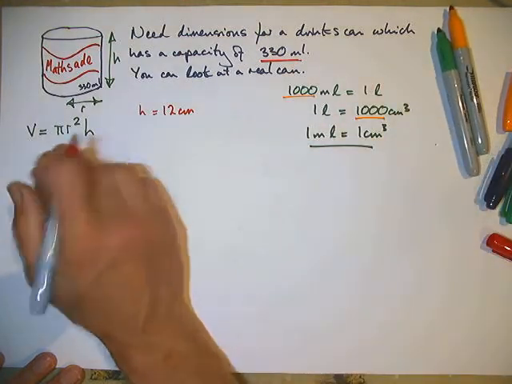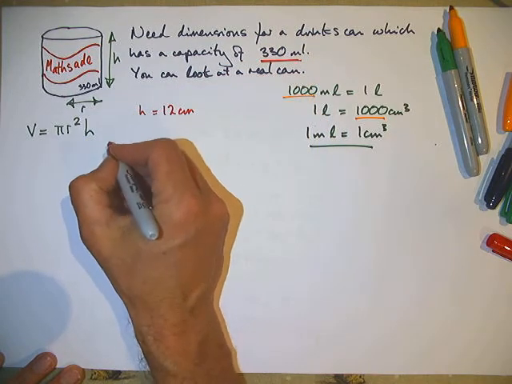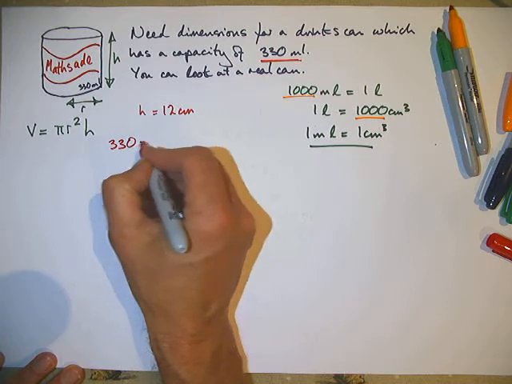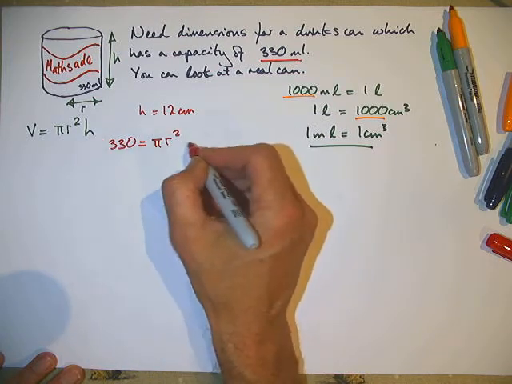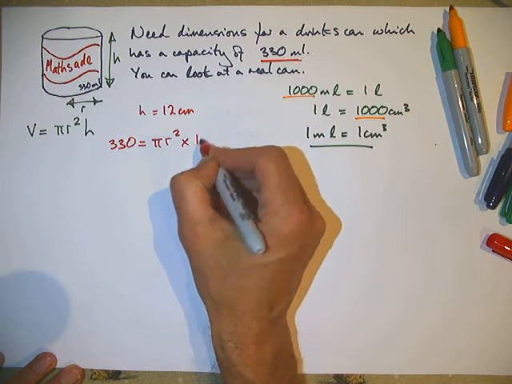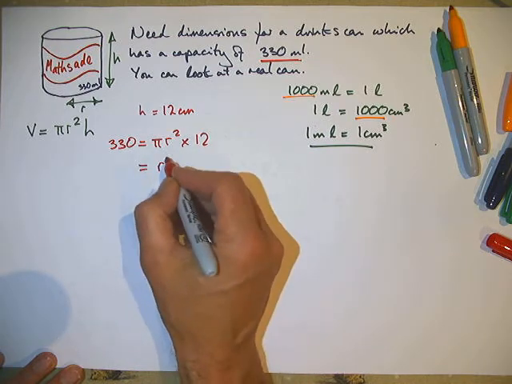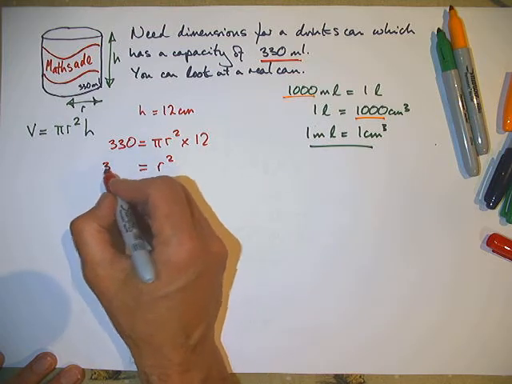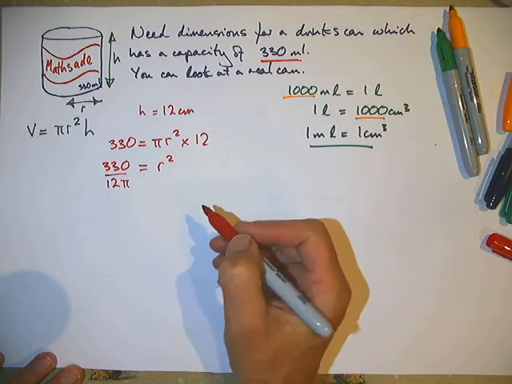We've got this formula for the volume. If the volume is 330 and we know the height is 12, we've got pi r squared times 12. Can we rearrange that? Yes, we can. We can say that r squared is 330 divided by 12 pi.